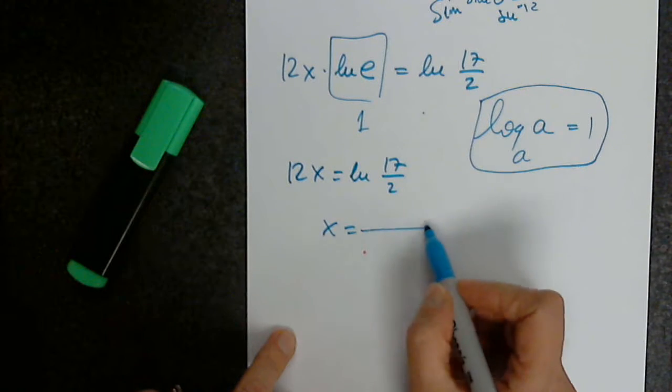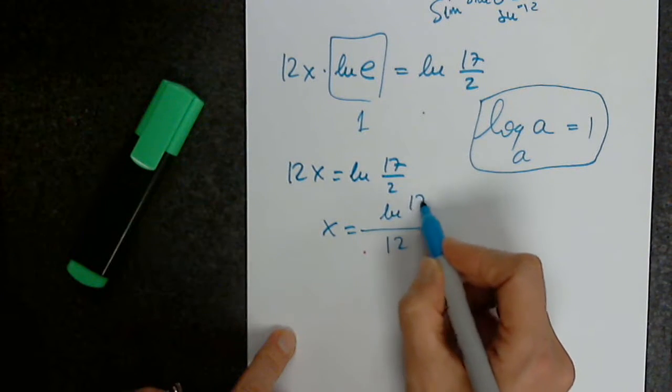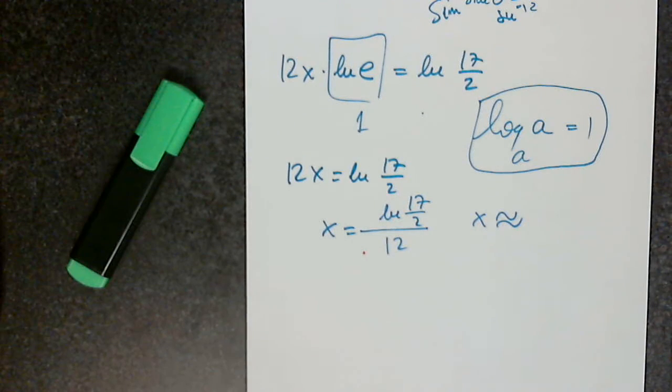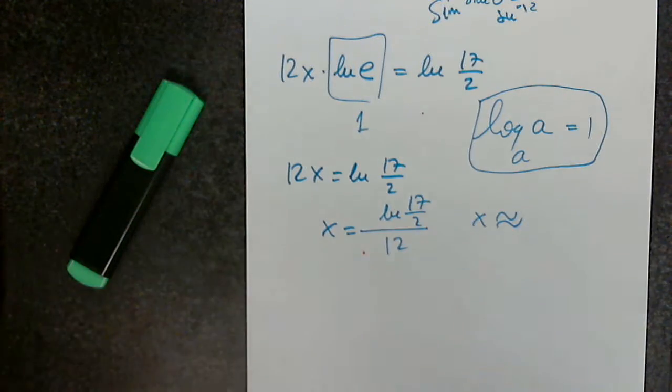By? Exactly. If I want an approximation, I must use the calculator. So for natural log, I put 8.5 and divide by 12, and I get approximately 0.1783.